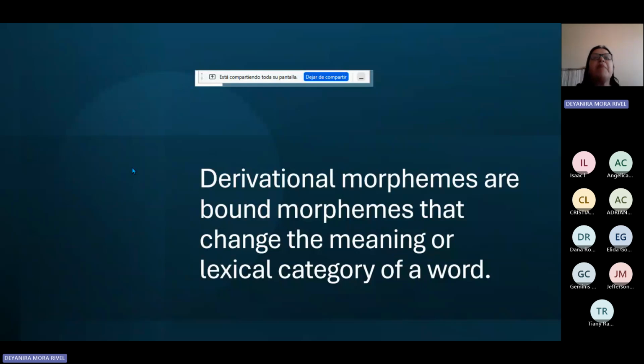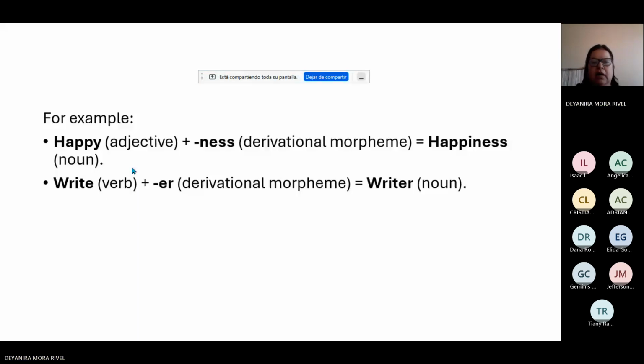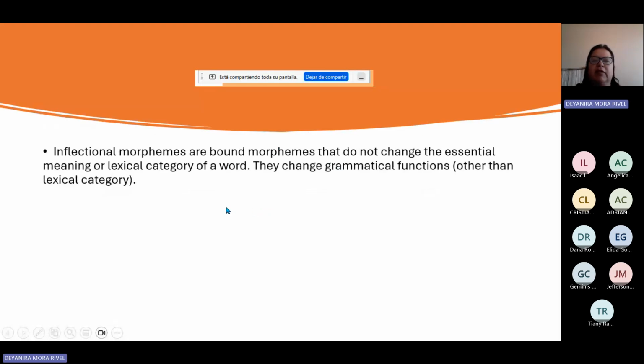And they are many, many. So I can add, again, like happiness or a rider. So these are derivational morphemes because they change the category of the word from adjective to noun, from verb to noun. And then we have inflectional morphemes, that are bound morphemes again.